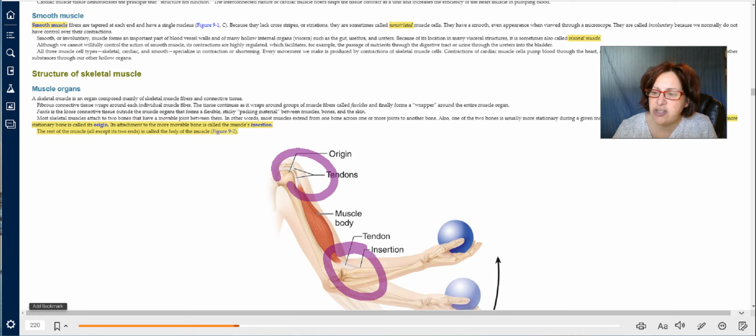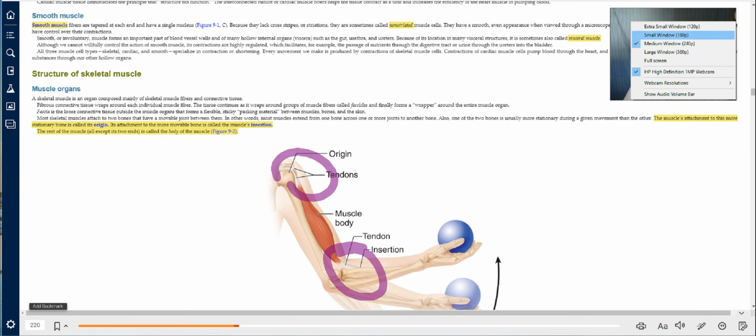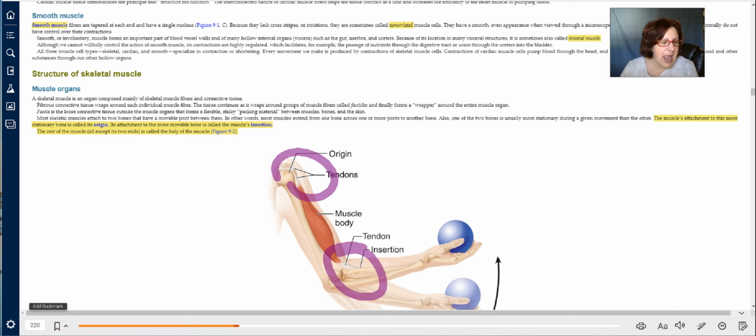Those attachments are going to pull or relax depending on if we want that muscle to contract or to relax. As that tendon is attached to the stationary bone, it's called the origin. And the bone that's going to actually move is called the insertion.